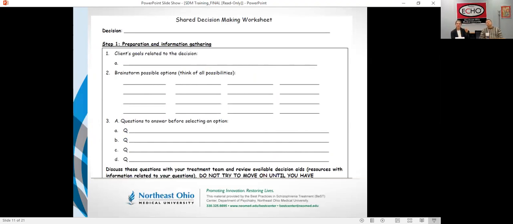This can really help guide some of the discussion. It can be done with a number of other individuals, and those questions, especially if additional information is needed, can help guide the discussion when the patient and their family actually meet with the healthcare providers, so that when they have not much time to get information, they can really focus in on what's most important.